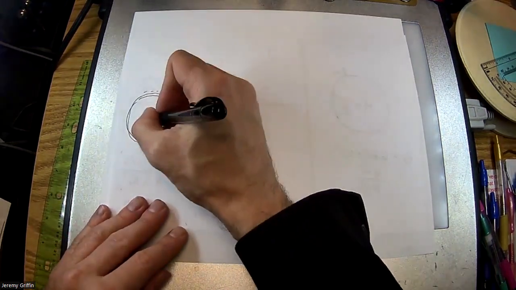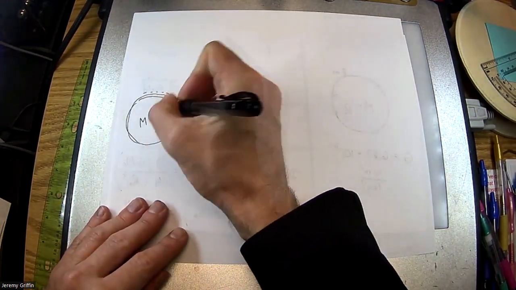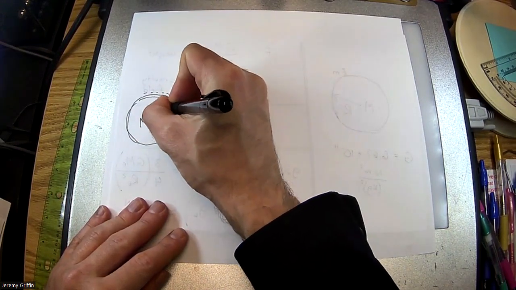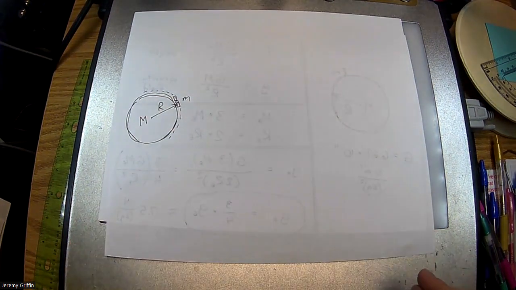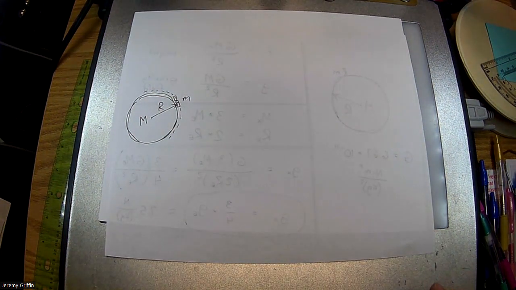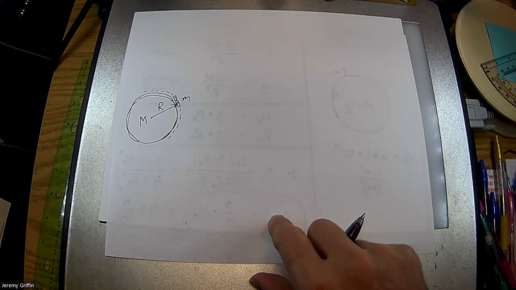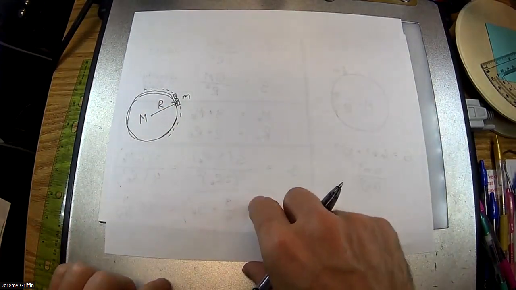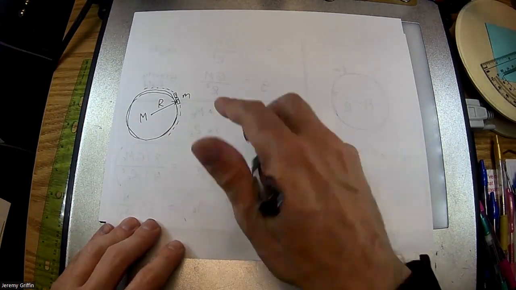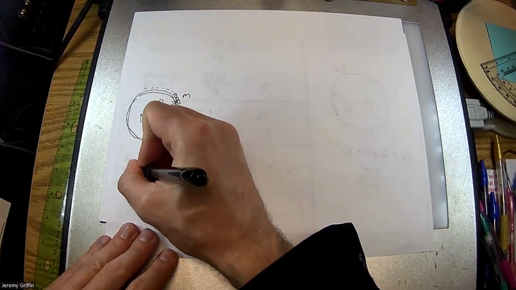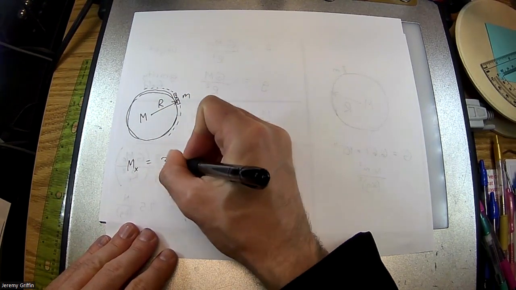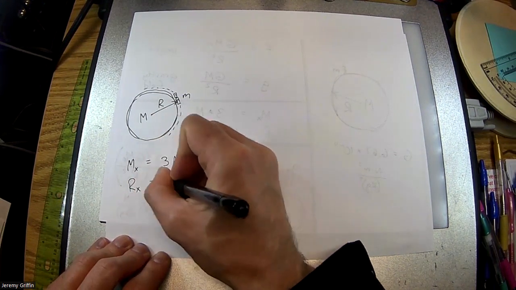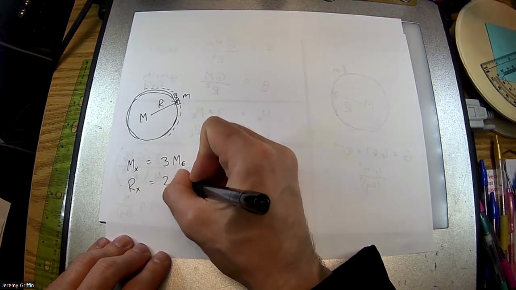So here's the mass of the planet, mass of the satellite. The radius of orbit is pretty close to the radius of the planet. Now remember, the mass of planet X is 3 times the mass of Earth, and the radial size of planet X is 2 times the radial size of Earth.